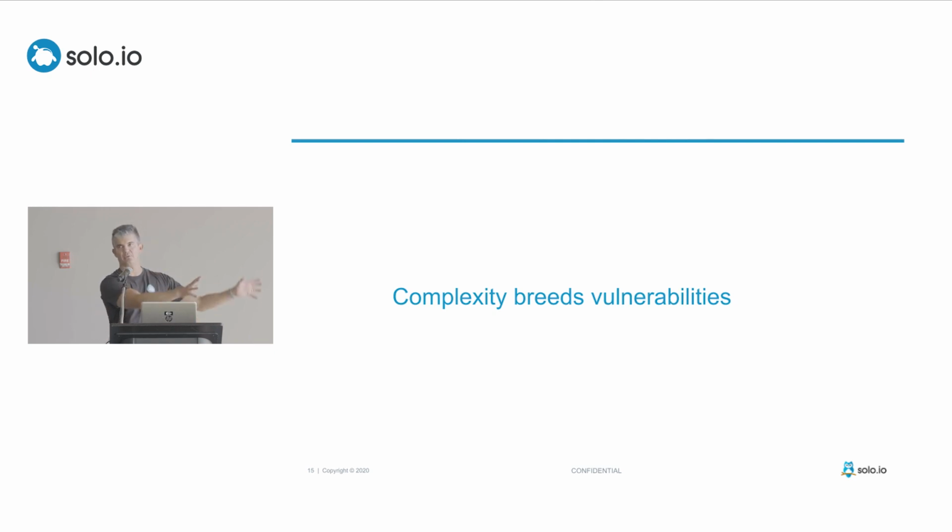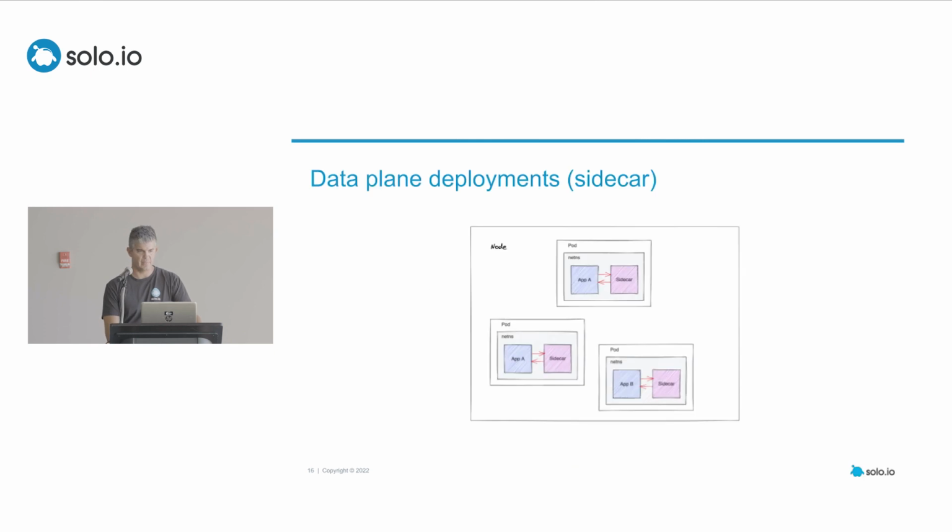Whether that's in your own code that you're writing, the dependencies that you're bringing in, or the middleware or the infrastructure technology, service mesh, the data plane, any of those pieces where you could have complexity, there's opportunity for vulnerabilities. So if we first take a look at the sidecar approach, this is what just about every service mesh does today. It's what Istio does today.